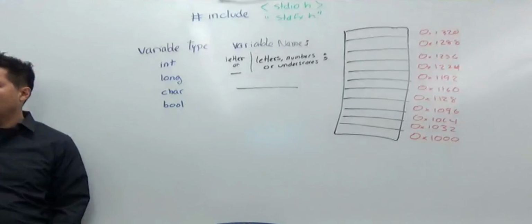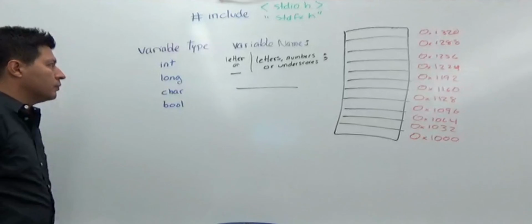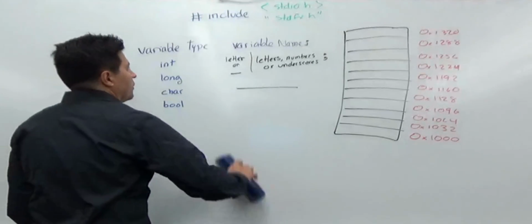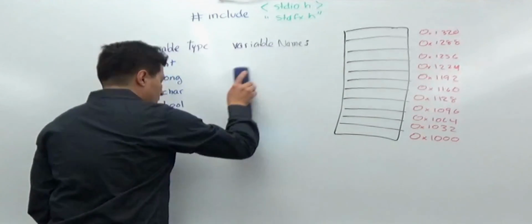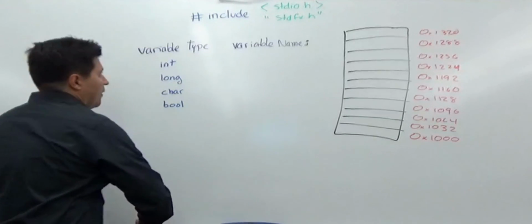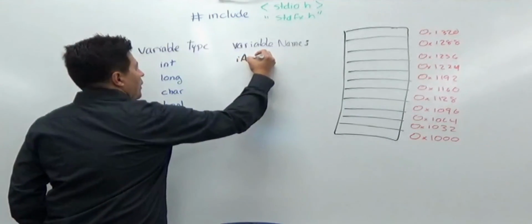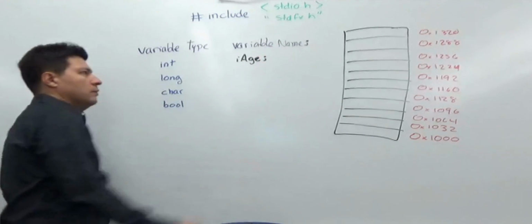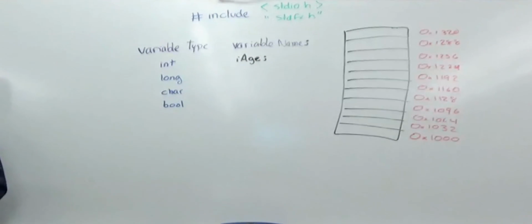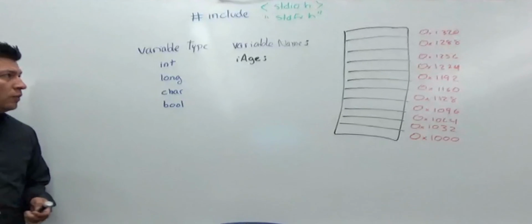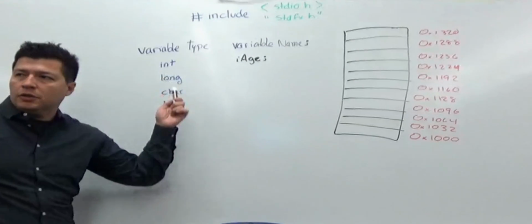Oh. So, for instance, let me erase this then. Let's say I have a variable for age, I will just call it age. That's it. So what the operating system is going to do, this is an integer.